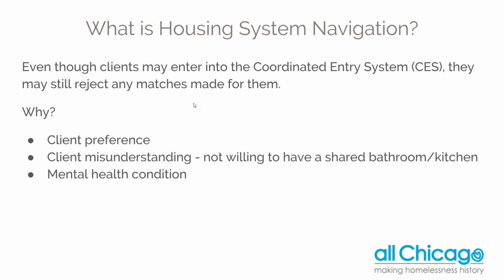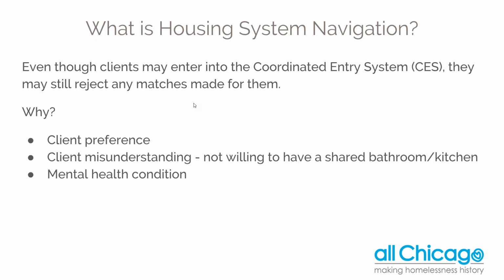And sometimes what we realize is that clients end up rejecting housing over and over again. Oftentimes this has been with clients that are particularly engaged with youth transitional housing, or clients that have severe mental health conditions. So why would clients reject matches? It could be because of their preference.